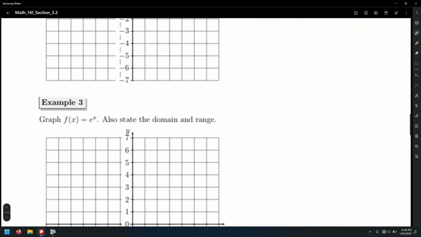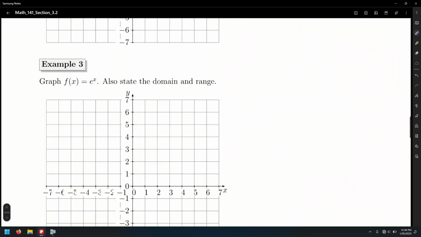The exponential function e to the x. Well, this is a very, very special kind of function. The number e, which is approximately 2.7182 plus decimals. I'm going to use an equal sign because if I'm using decimals, I'm indicating that the number goes on forever.